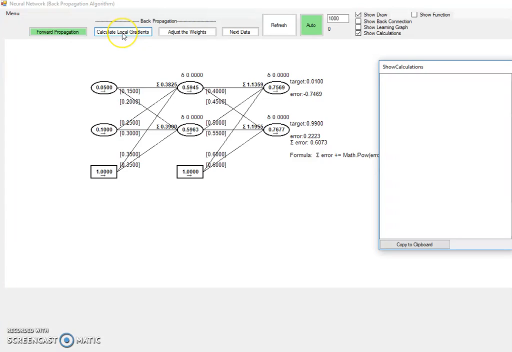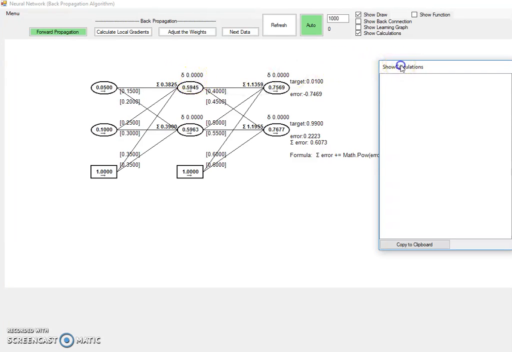Now we're going to look at calculating the local gradients, which is the most difficult part. What does it mean? Well, let's focus on this node here. We have to calculate the local gradients.